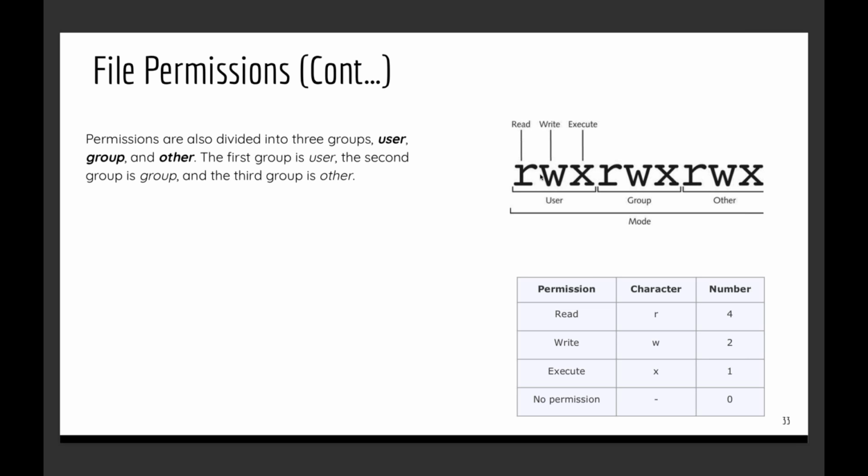Also, these permissions have a number. What is the number of read permission? Read is equal to 4. What is the number of write? Write is 2. And what is the execute number? Execute is 1. So what is the total? The total is equal to 7. If we put a 0 or a minus, it means that there is no permission.